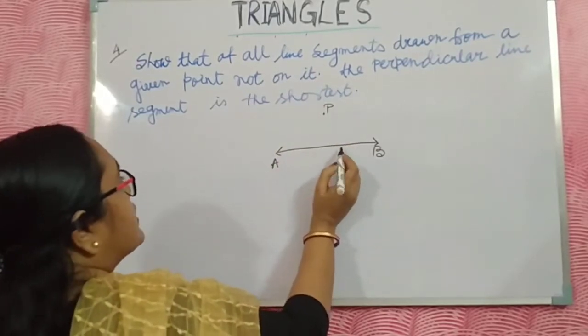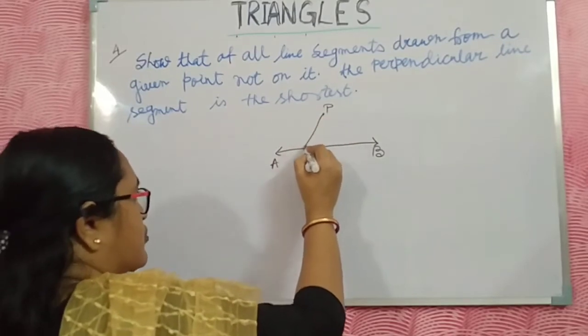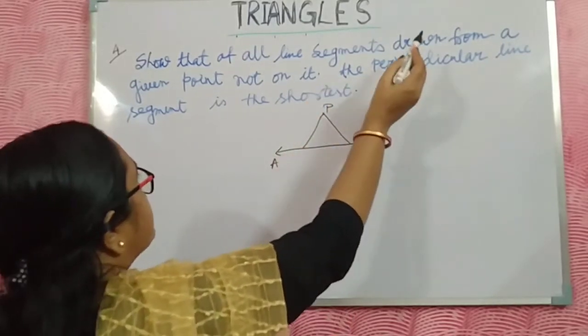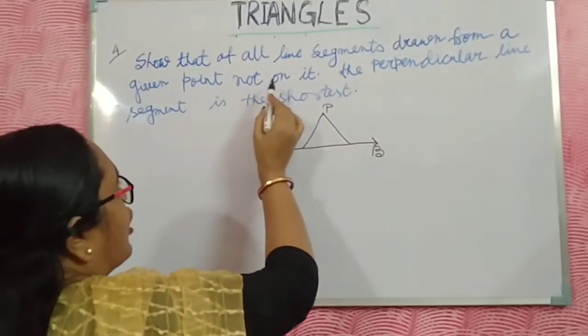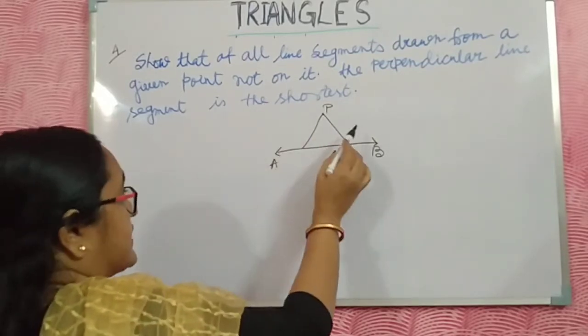Now the question is this: of any line segments drawn from a point not on the line, the perpendicular line segment is the shortest.